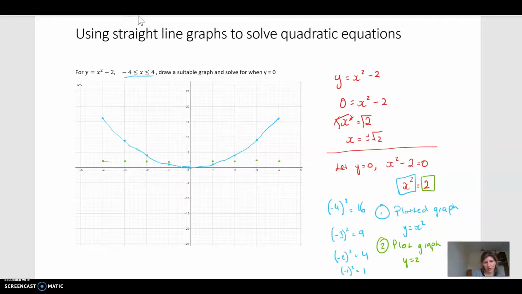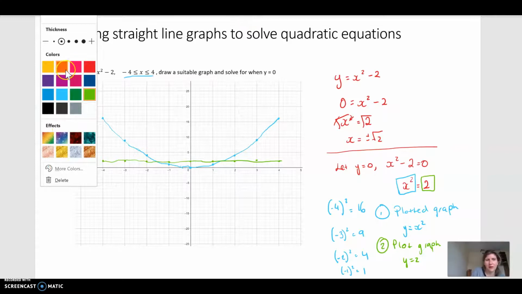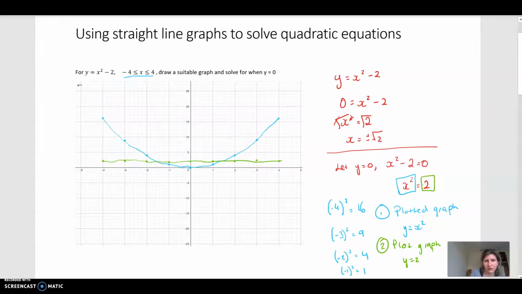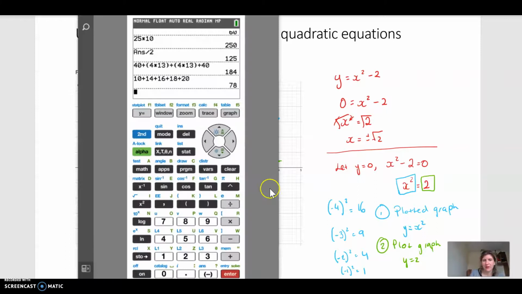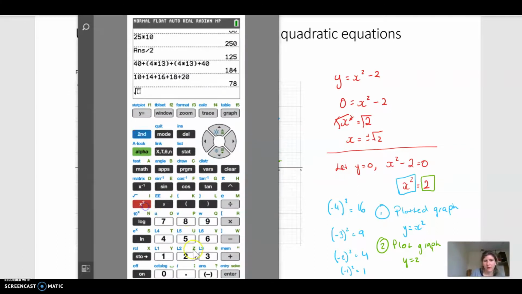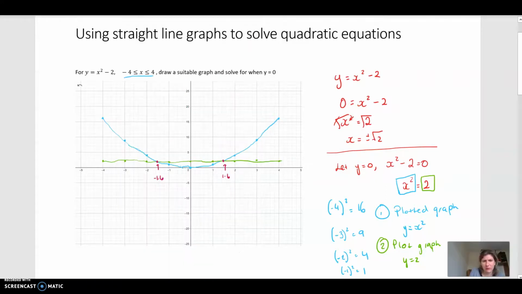Okay, and now I'm just going to draw a horizontal line again. I'm going to try and do it as neatly as possible. Okay, through there. Beautiful. So now I can see that my points of intersection, or my solutions, are at about negative 1.6 there, and here at about positive 1.6, which is the same as what we would have if we took the square root of 2, which is 1.414.